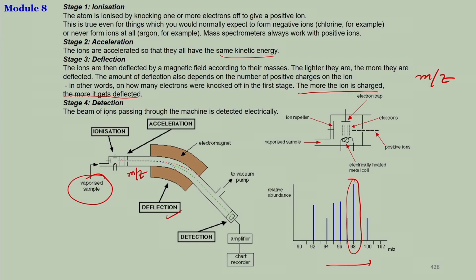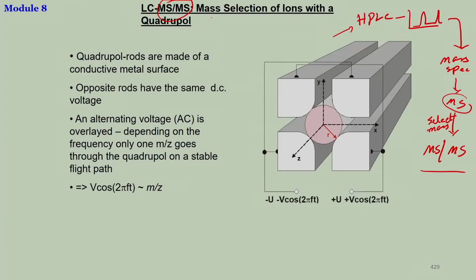You cannot fine tune what the structure is. So you can pick 98 because you know that molecule will exist here. You select that mass, and then that line will be further fragmented. From here you can find out whether you have the desired isomer that you are looking for.